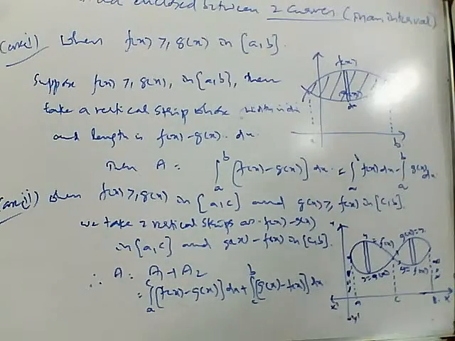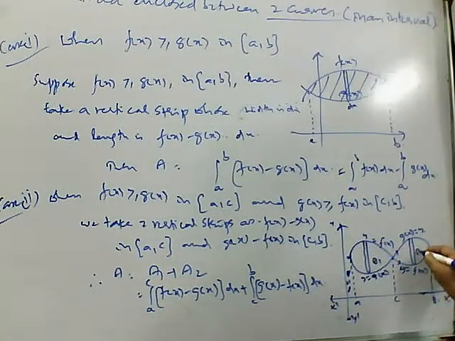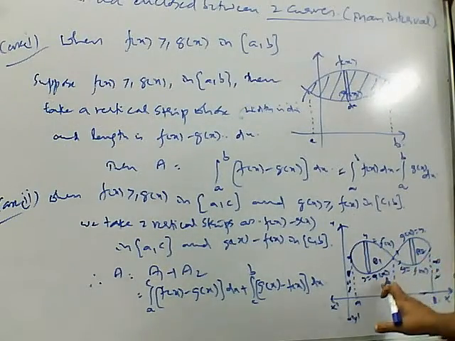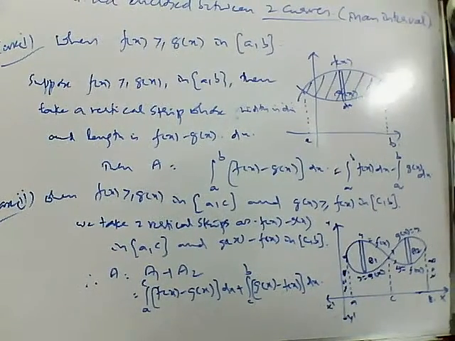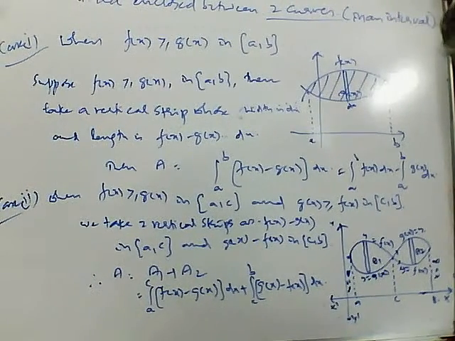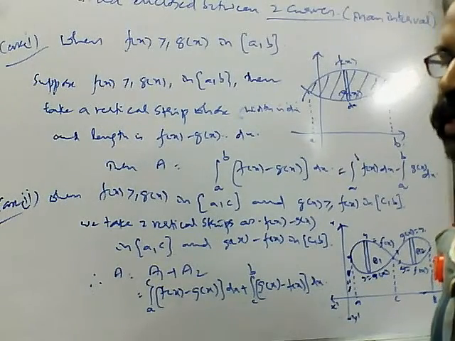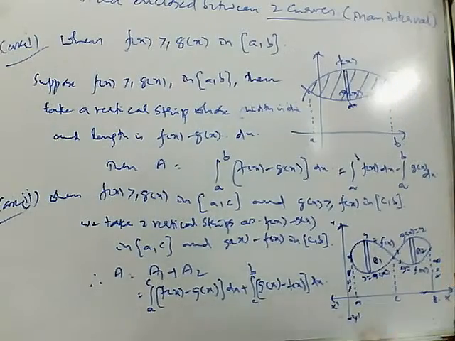Like this, you will get two areas. This is A1 and this is A2. Here f of x is upper, g of x is lower. Here g of x is upper, f of x is lower, like that. So cases like this will come according to the curves. So we need to adopt the system and identify the bounded regions. That is a very crucial part. Then automatically finding the limits, then applying integration is very formal. Okay. So note this part.